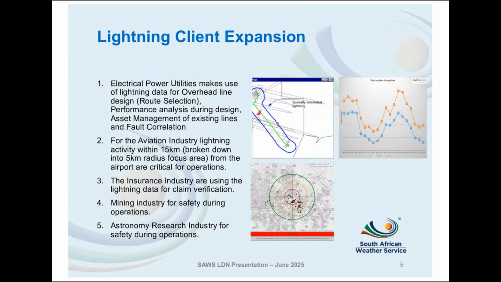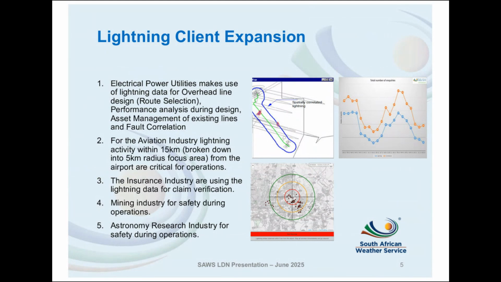In our client base, we currently have the South African electrical power generation utilities as part of our main clients for their overhead networks, for performance of the systems and the designs, as well as for asset management of their lines and for fault correlation.